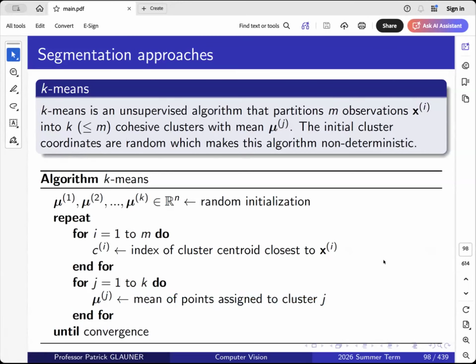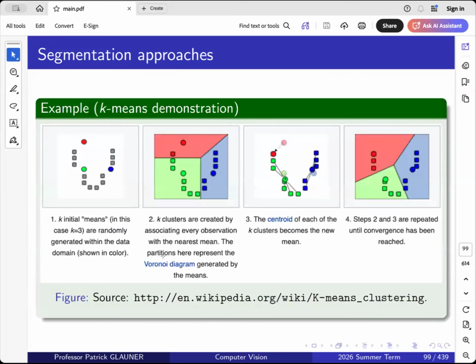Because these centers have moved now, I need to run this loop again in the next iteration of the outer loop because some observations may now be closer to a different mean. And I keep doing this, and once I don't reassign anything anymore, I'm done. So this is a very simple algorithm, in fact, and we'll look at an example of what this looks like now.